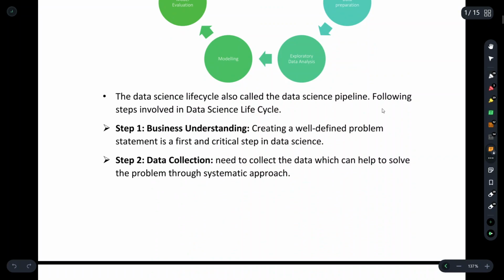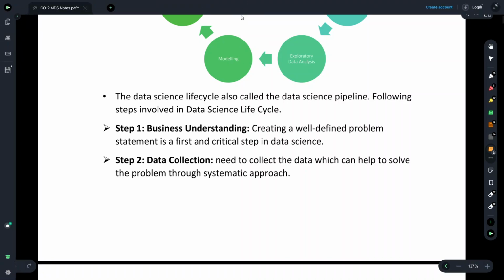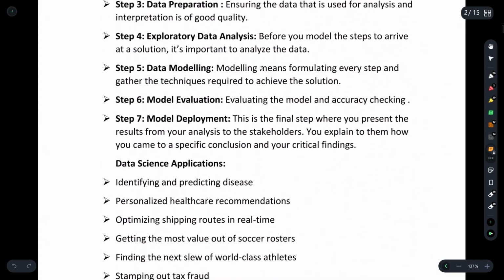The data science life cycle is also called the data science pipeline. These are the steps: business understanding. We need to create a well defined problem statement which we can present for a business deal. Also data collection, we need to collect the data which is used to help solve the problem in a systematic way.